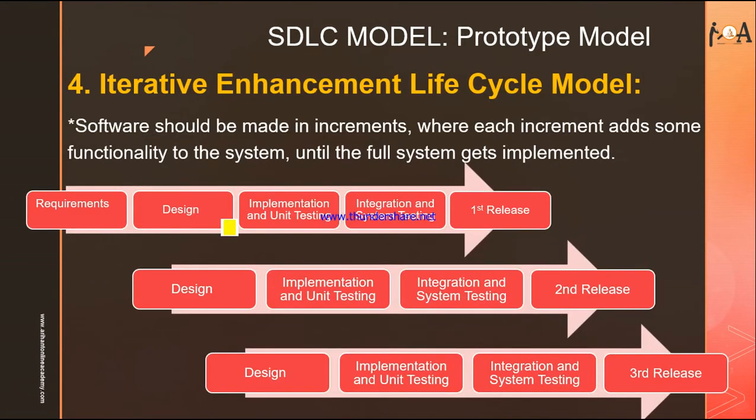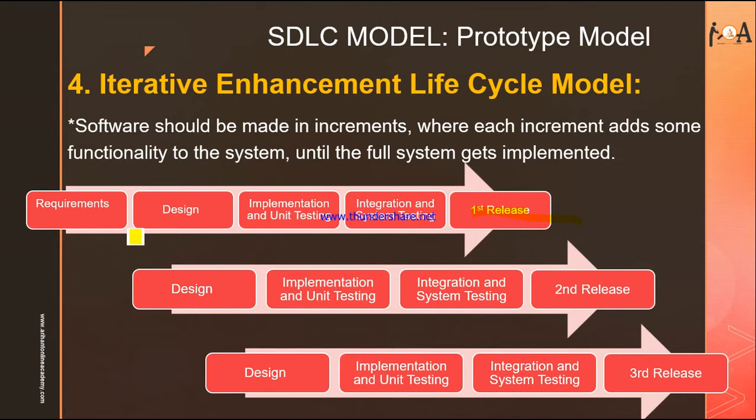In the iterative enhancement lifecycle model, basically we are releasing the software's working model release-wise. First you gather the requirements, after that design is done, implementation, unit testing, integration, system testing, and you have released the first version of the software. After that you again start designing.